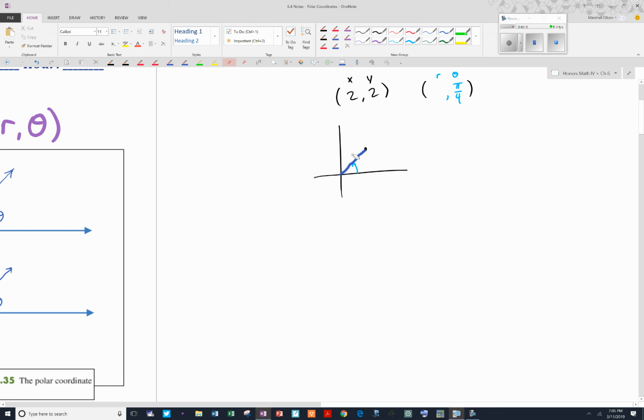Well, if the point is (2, 2), think about how we could find that distance. We just use the Pythagorean theorem: x squared plus y squared. Actually, it's 2 squared plus 2 squared, which is 8. So the square root of 8 would be 2 square root of 2.